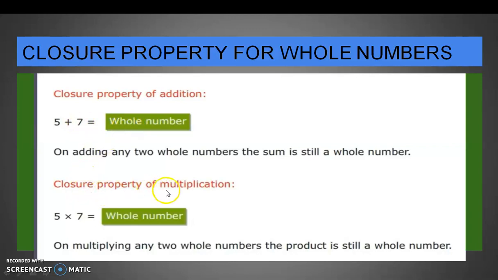Similarly, the closure property of multiplication says if we multiply two whole numbers, for example 5 into 7, the answer is 35, which is again a whole number. So we can say addition and multiplication of whole numbers is closed.